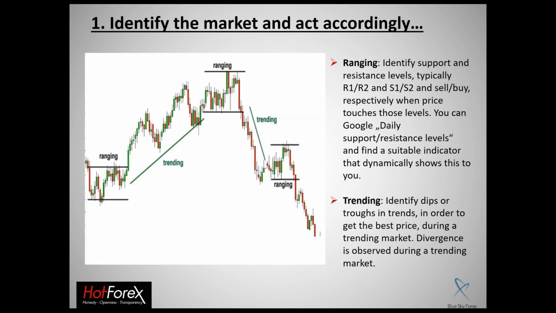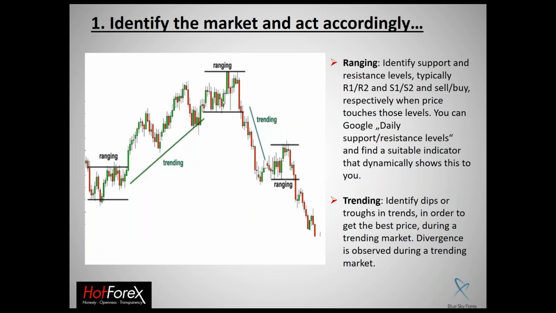So on the left side of the image here, you can see the price is ranging between the closest support and resistance level. It's essentially bouncing up and down between those levels. And then you will have the trending market as the price broke out of the nearest resistance and started to significantly trend.